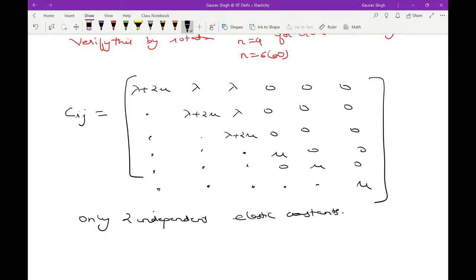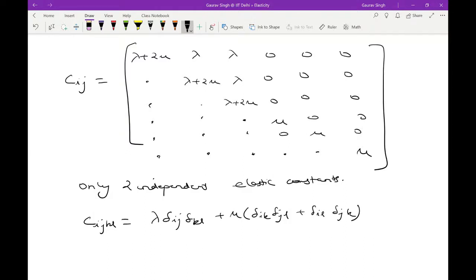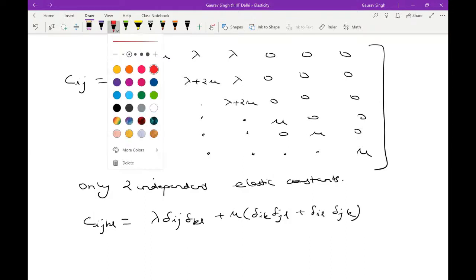You can actually write this form as we have seen already: lambda delta ij delta kl plus mu times delta ik delta jl plus delta il delta jk. So let's try one of them.